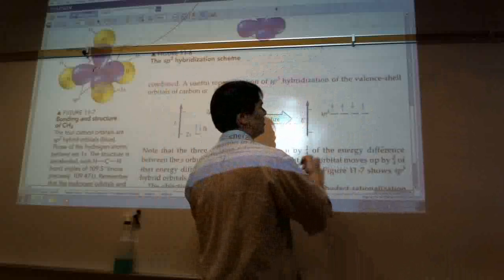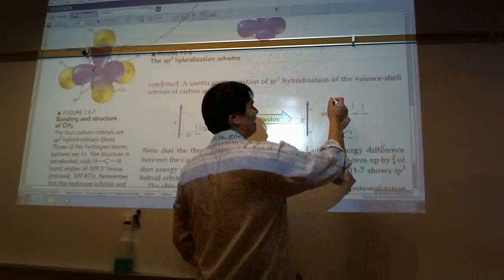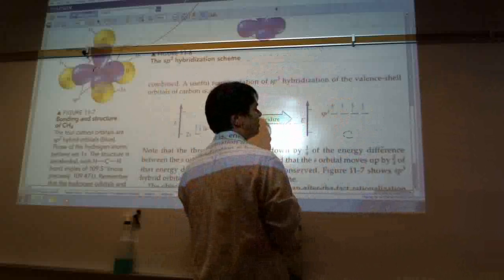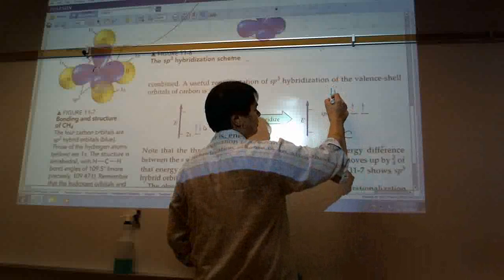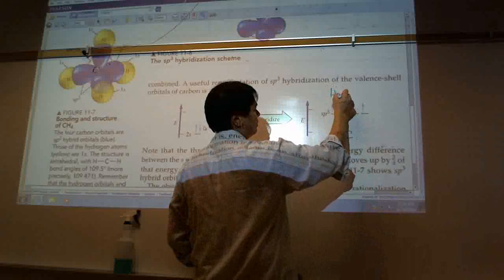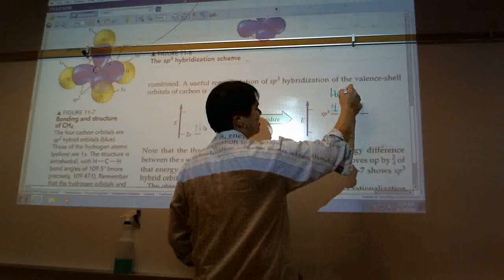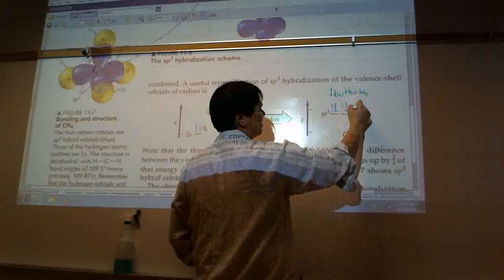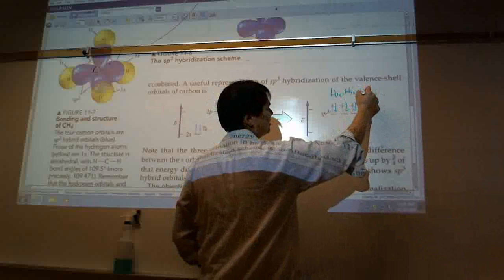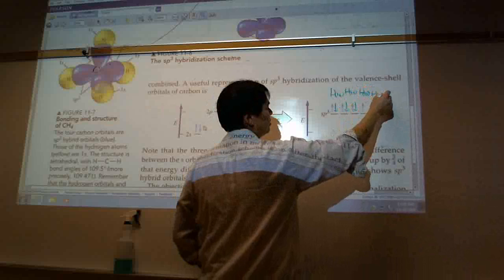For carbon, I'd show it like this. And then the hydrogens come in here. We have a hydrogen 1s bond, hydrogen 1s, and then bonds, hydrogen 1s, bonds here, hydrogen 1s, bonds here.